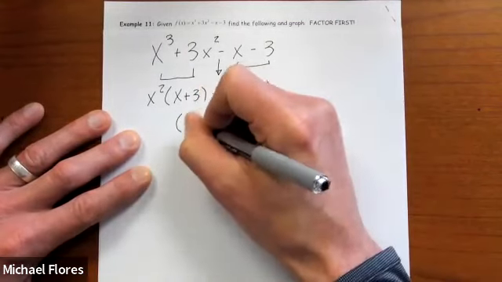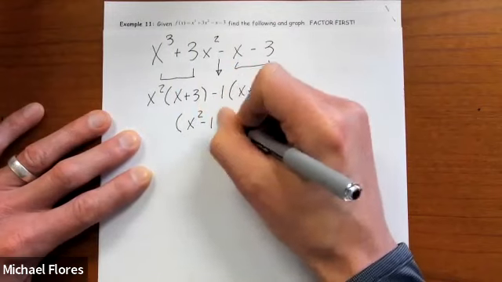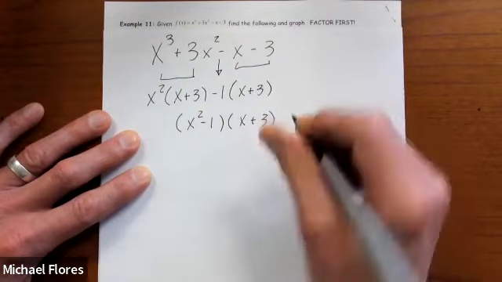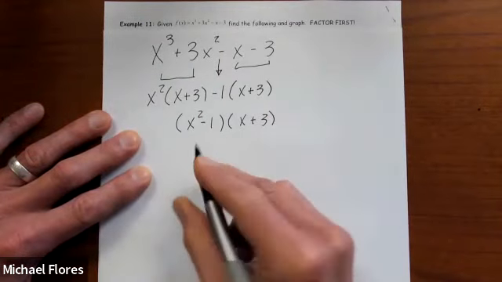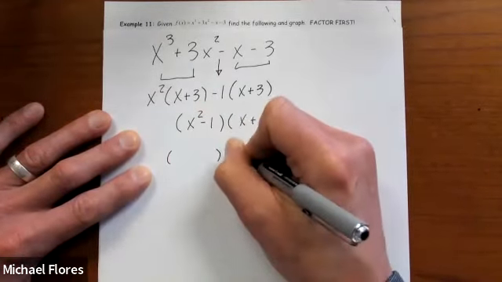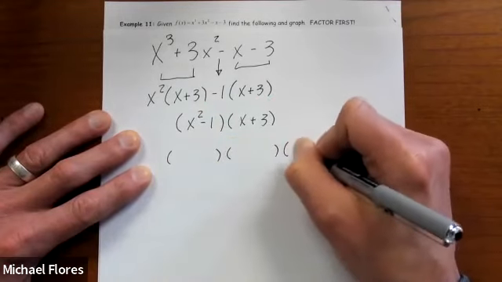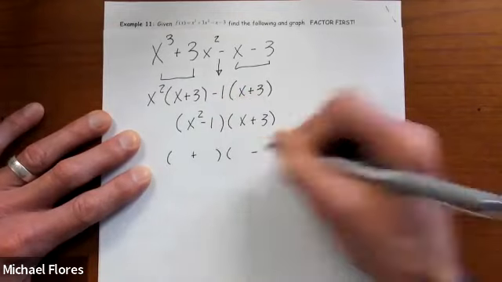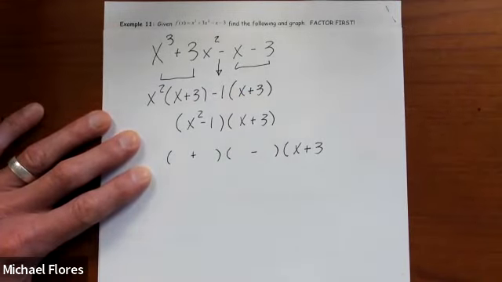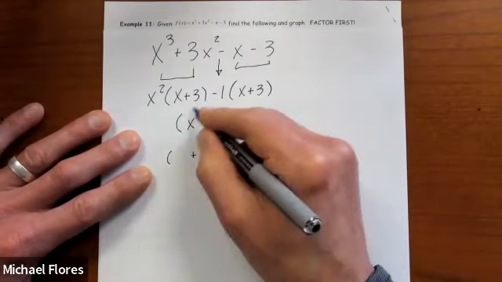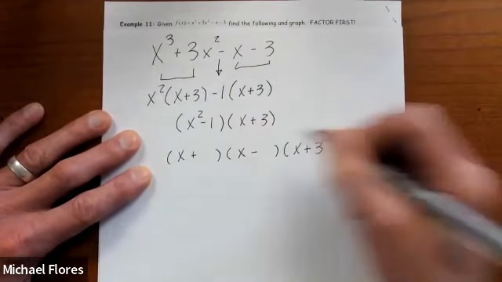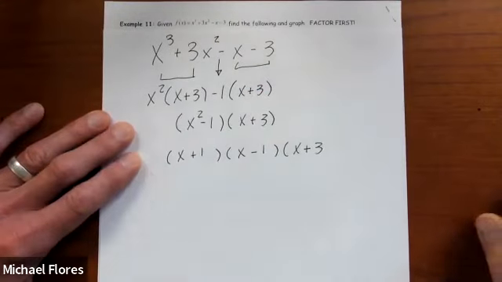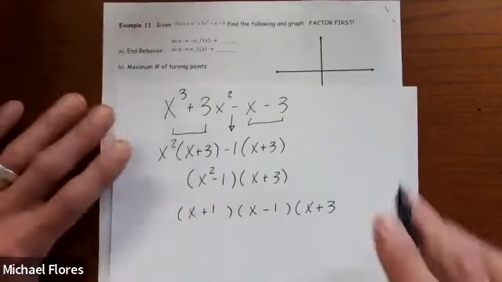So our factors are x squared minus 1, x plus 3, but wait, that is a difference of perfect squares. It can factor more. Difference of perfect squares, so give your new parentheses different signs. The square root of x squared is x. The square root of 1 is 1. And now it's fully factored, and I'll write that up above here.